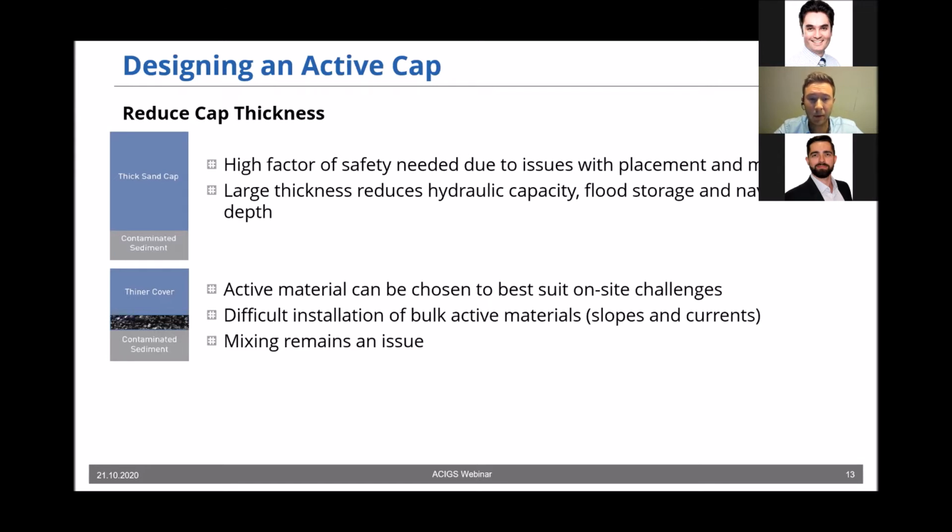But there are also difficulties with it. It's the same as I said before with the installation of bulk material that settles down. It's a problem, especially on slopes and when you have currents in the water. And also here, mixing remains an issue.